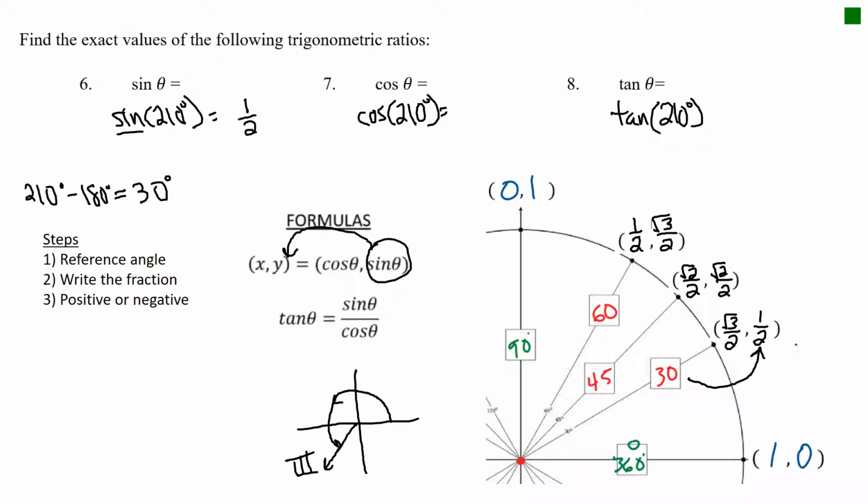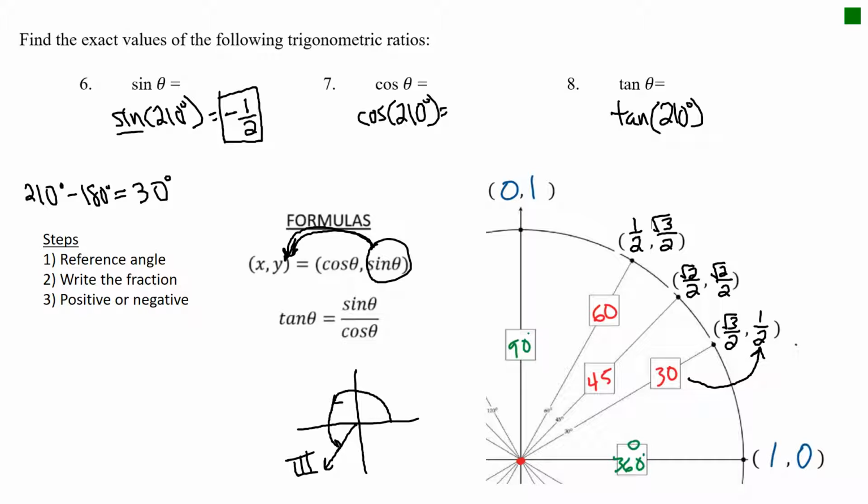Well, we have to ask ourselves, does 210 degrees in the third quadrant give us a sign that is positive or negative? And remember, again, sine matches up with y. So basically, is y going to be positive or negative in this bottom quadrant? And it is always going to be negative. So I changed my 1/2 to be negative, and there's my final answer.